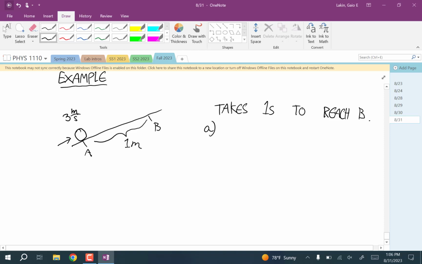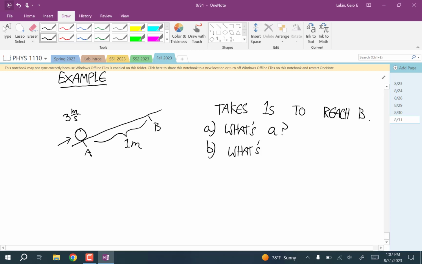Let's calculate the acceleration. And then second, let's calculate the elapsed time to get from A to B. Well, I shouldn't write it like that yet.